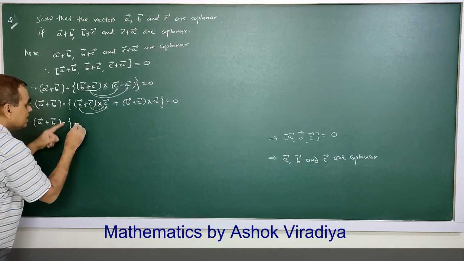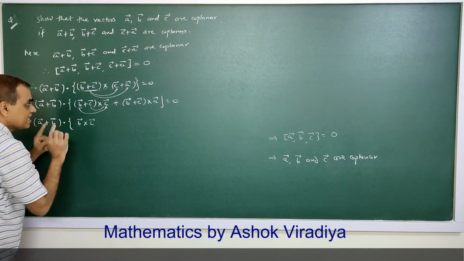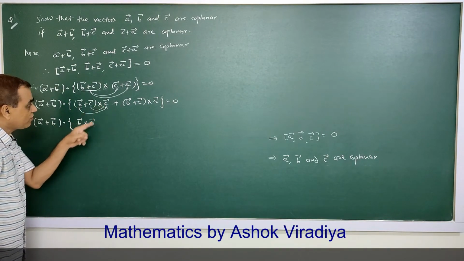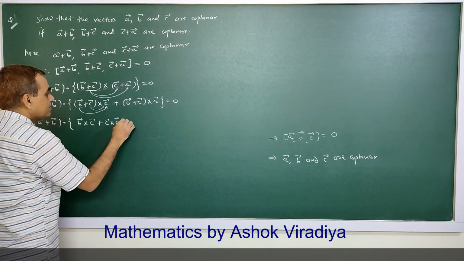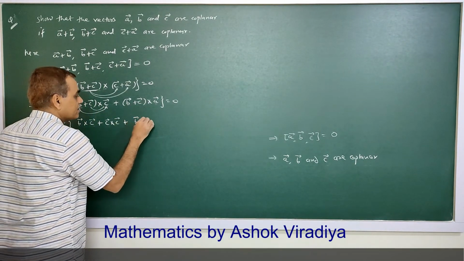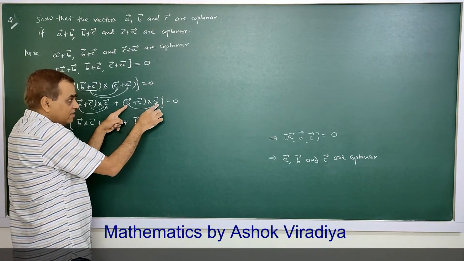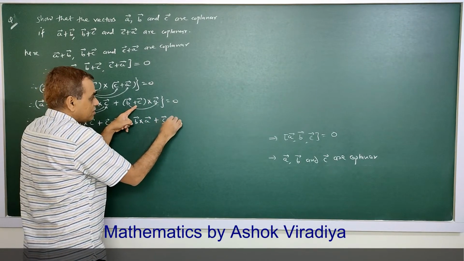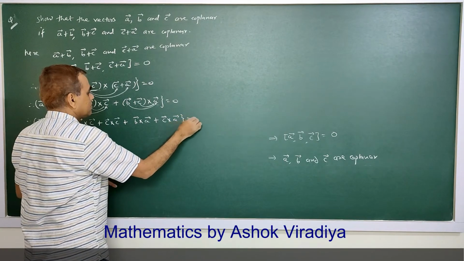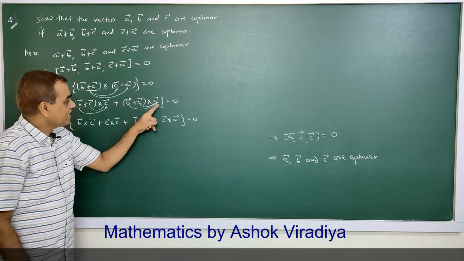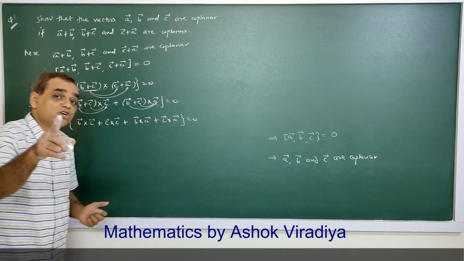So B cross C, B is on left, C is on right side, so keep as it is, plus C cross C. Similarly, B cross A, B is on left, A is on right side, so B cross A plus C cross A. Now this cannot be written as A cross B. Cross product is not commutative.